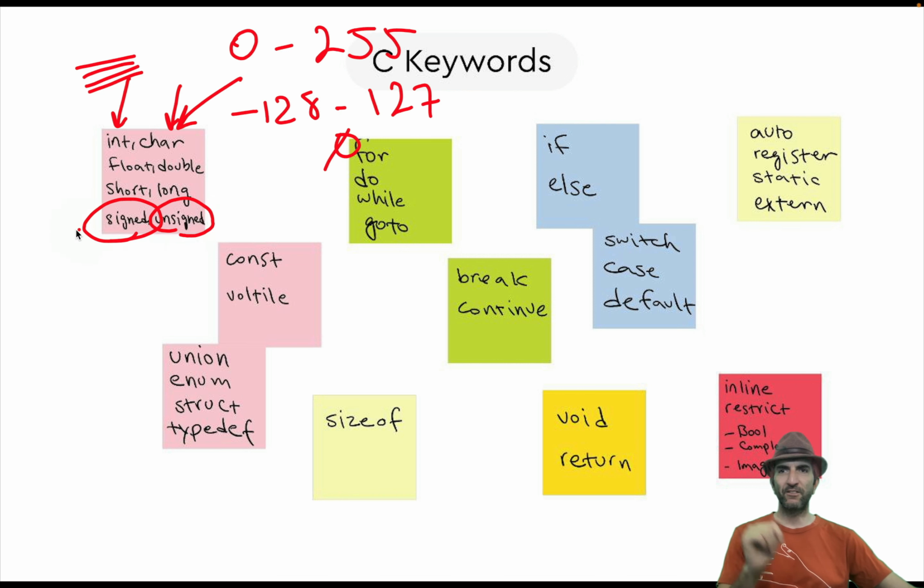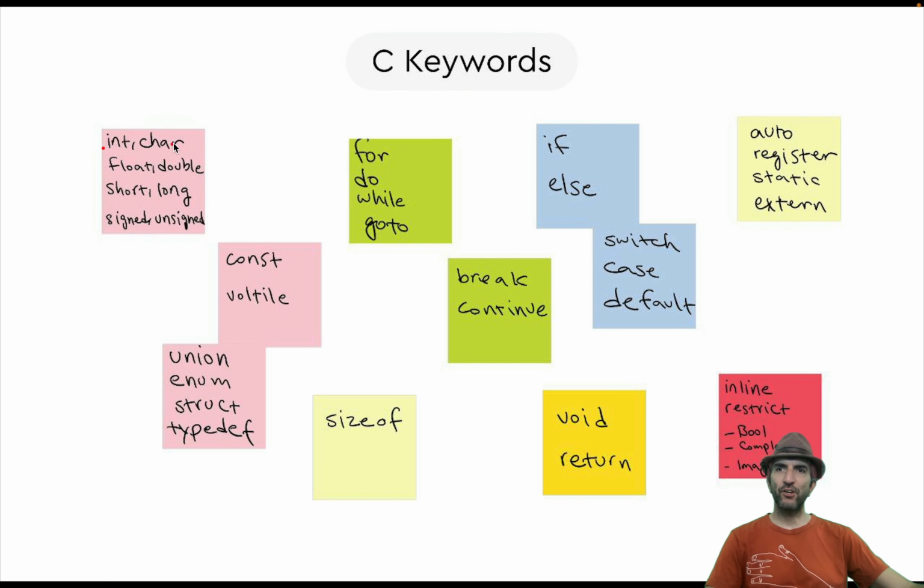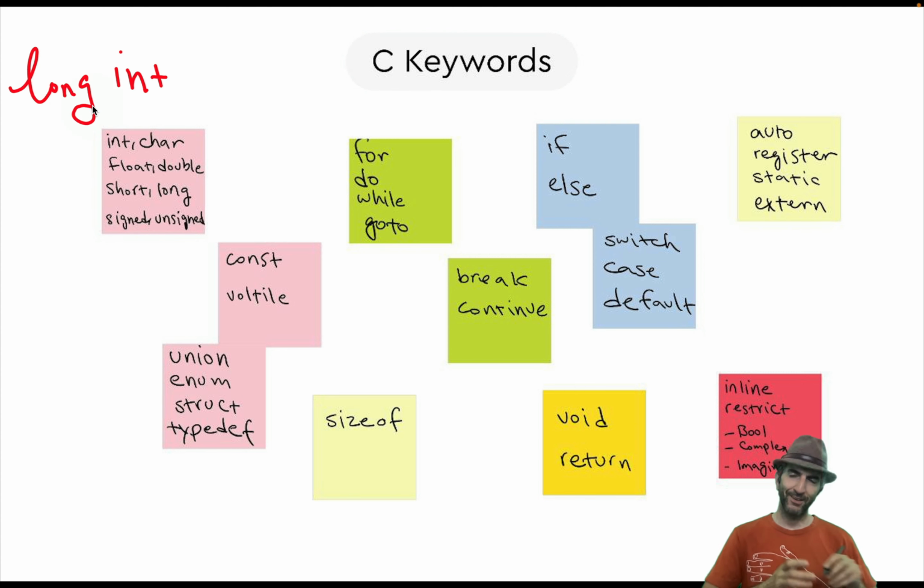So: int, char, float for floating points like 12.1, double for double precision floating points, short and long. You can combine them. For example, if int has a certain range on your computer, you can say I need a long int. It will be longer than your normal.